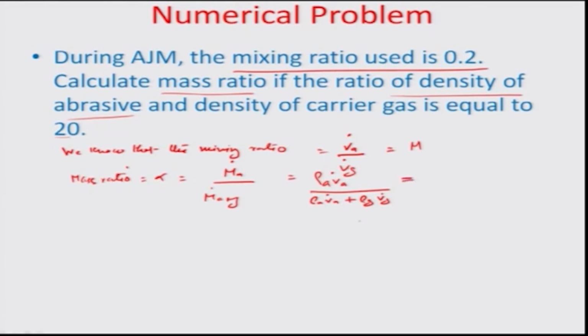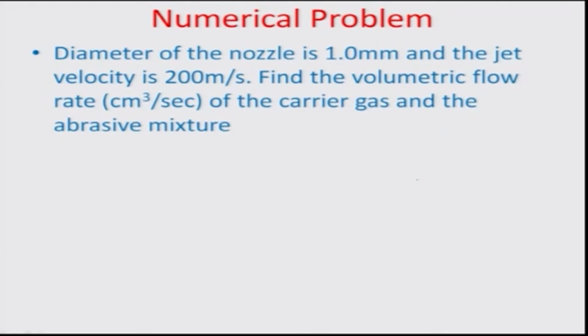And if I wanted to convert this in terms of the mixing ratio given to be 0.2 in this particular case, then I would just invert this by making it 1 by alpha.